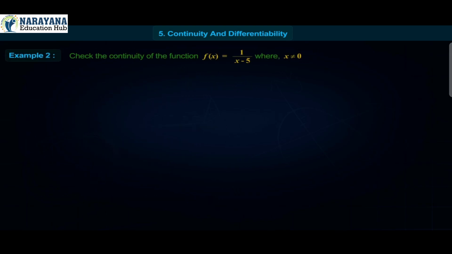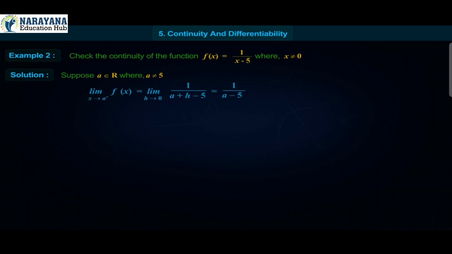Example 2. Check the continuity of the function f of x is equal to 1 upon x minus 5, where x is not equal to 5. Solution: suppose a belongs to R, where a is not equal to 5.